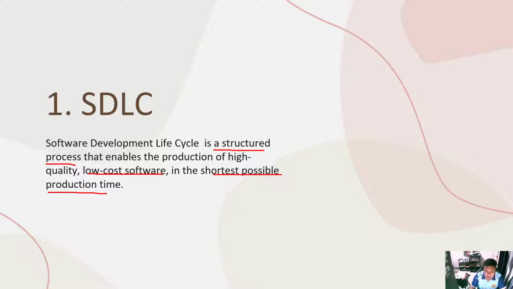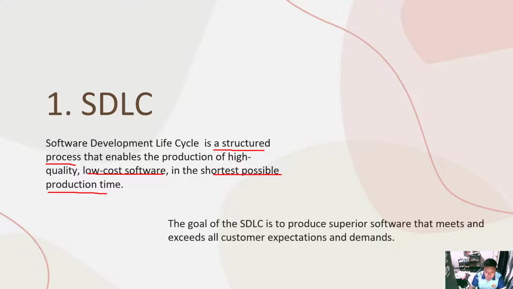It could help you in your production. So the goal of SDLC is to produce superior software that meets and exceeds all customer expectations and demands. Because once you develop an application, there will be customers, and you will need to work on their expectations and also their demands.